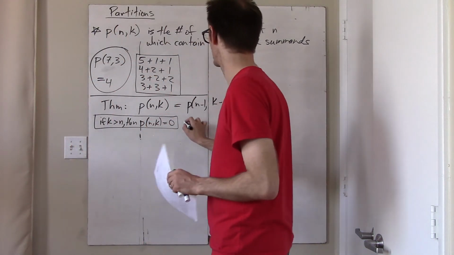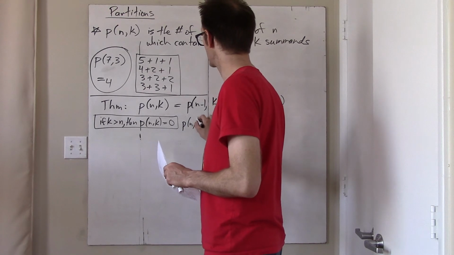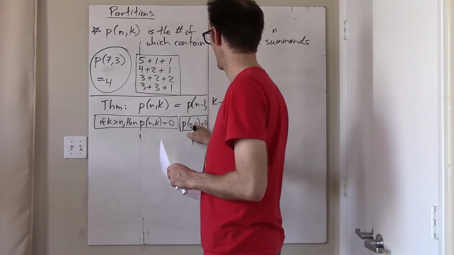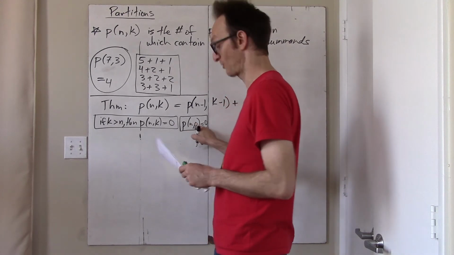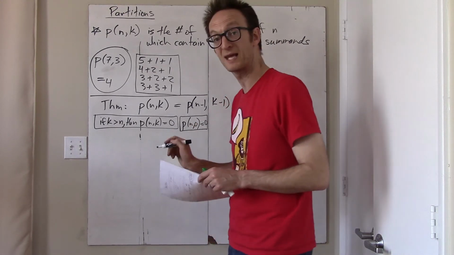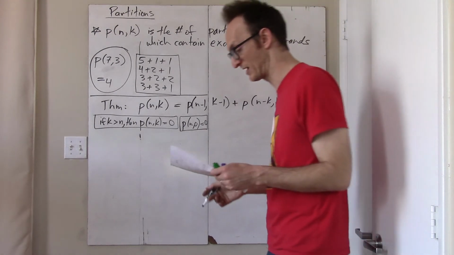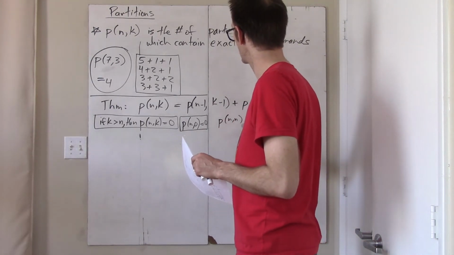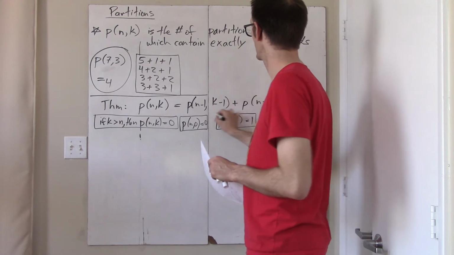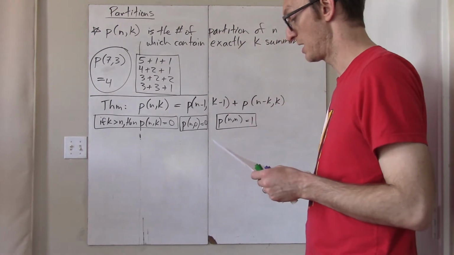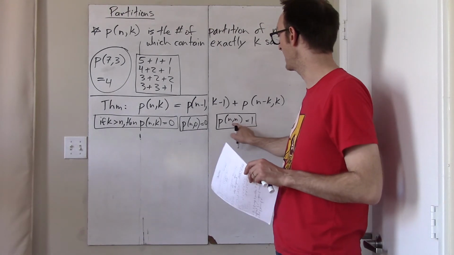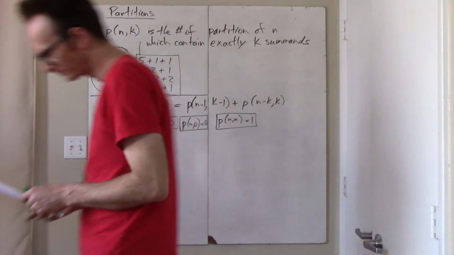Obvious fact number 2 is that P(n,0) is 0. That just says that you can't divide n up into 0 piles. These are the base cases of the recursive computation that we're going to do. And also P(n,n) is 1. In other words, there's only one way to split n up into n piles. I'm not even sure I need that one.